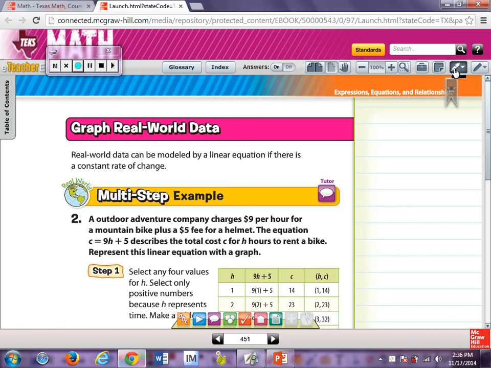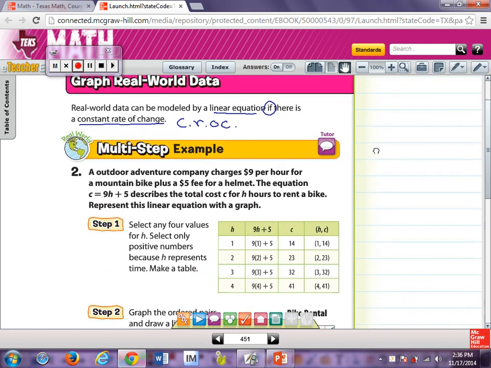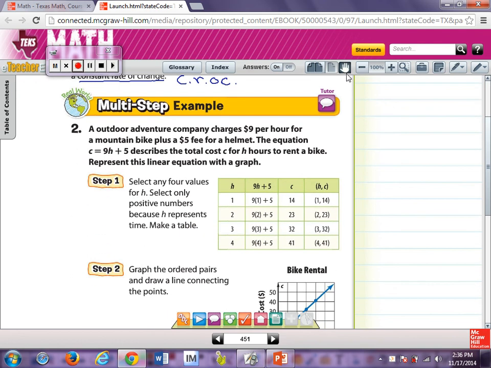So, to recap for this beginning of the section so far, we can model linear equations if there is a constant rate of change, C-R-O-C, CROC. So now let's go ahead and look at our second example here. An outdoor adventure company charges $9 per hour.